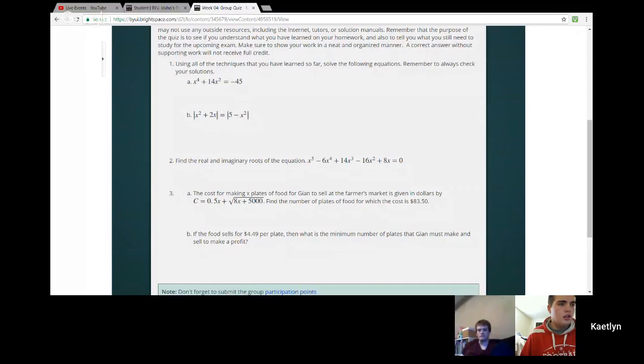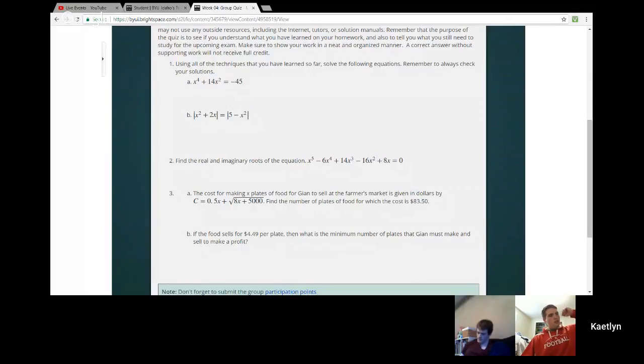Okay, so the second one, we have x squared plus 2x equals 5 minus x squared, in absolute value brackets.